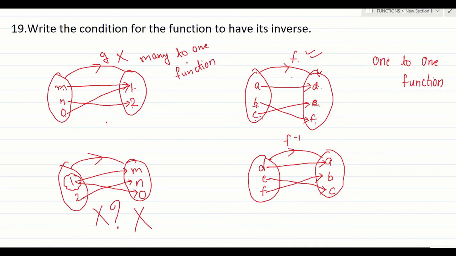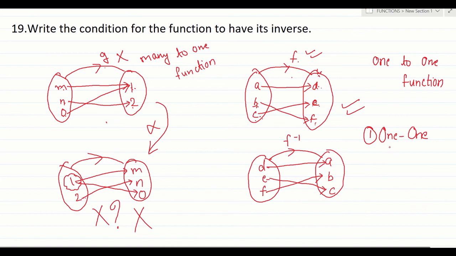So many-1 function or many to 1 function does not have an inverse, but 1 to 1 function or 1-1 function has an inverse. So this is one condition. So the first condition that we have learned from here is the function must be 1-1. Is this clear?